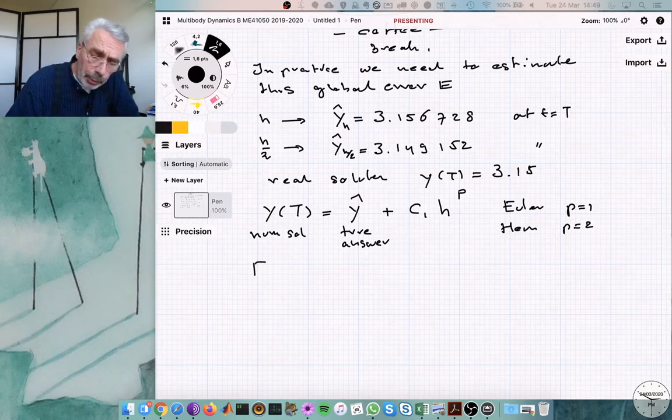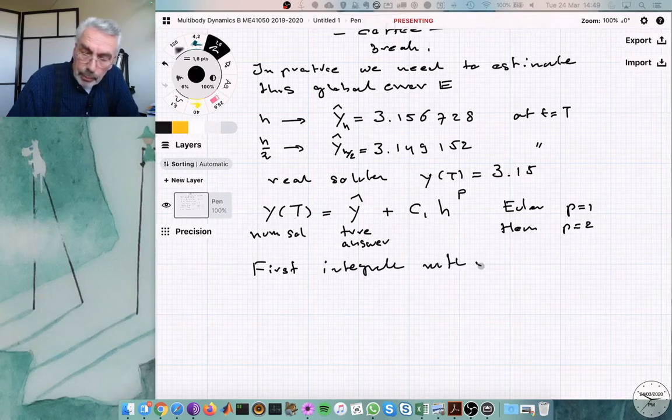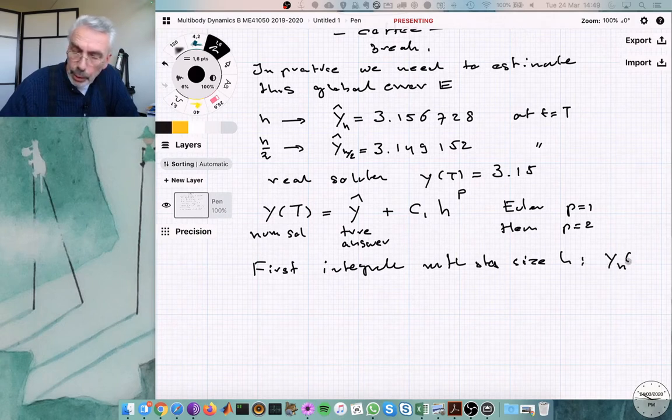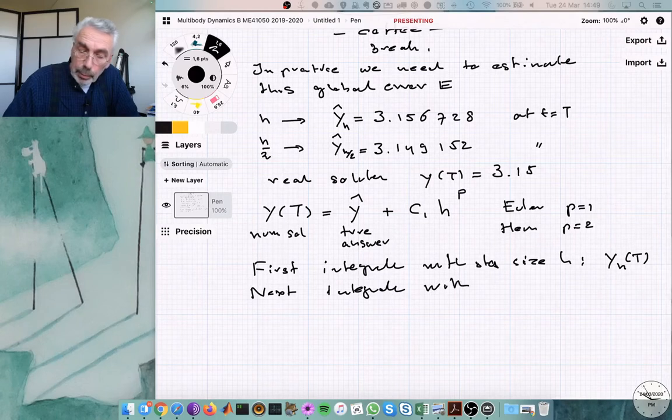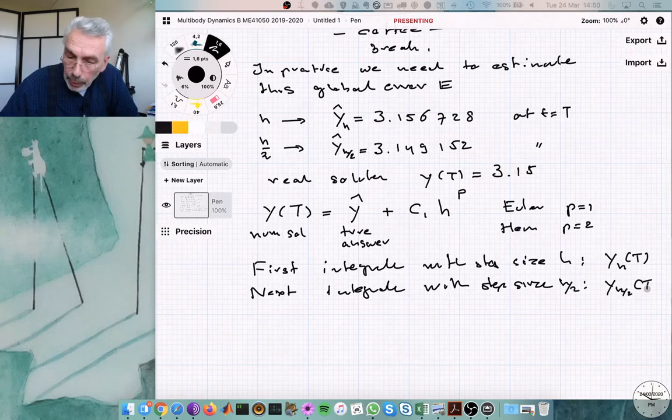So what we do then, we first integrate with step size h, and we determine a solution, and let's call that y of h at t. And next we integrate with a step size h over 2, and we call that solution y of h over 2 at t.